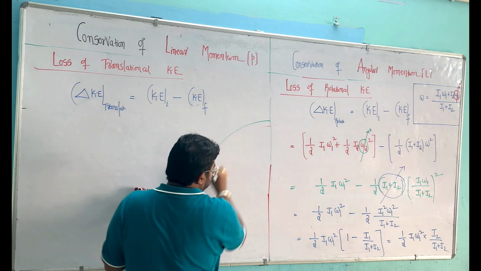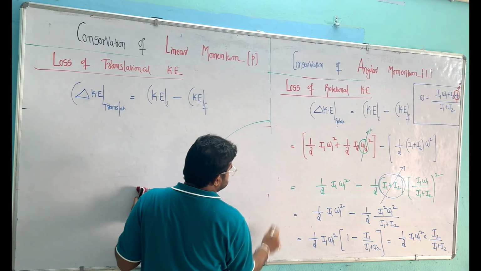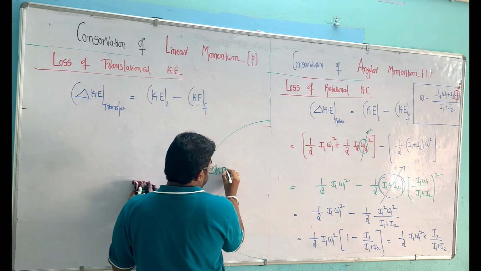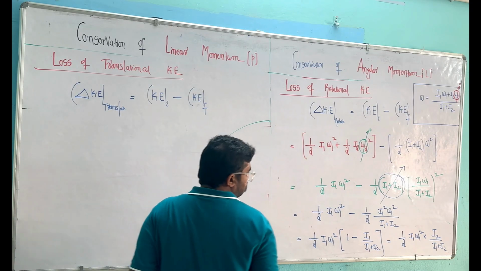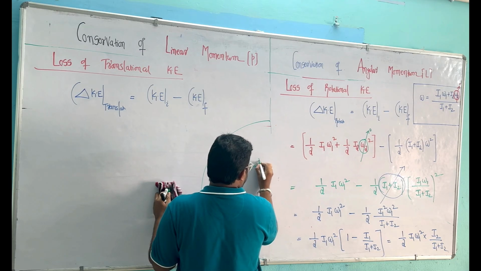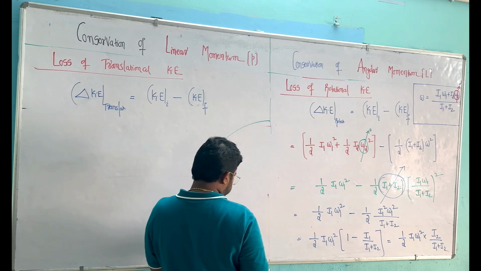Then what is the loss of kinetic energy here? చెప్పండి. Half into I1 omega 1 square. Here how much is obtained?